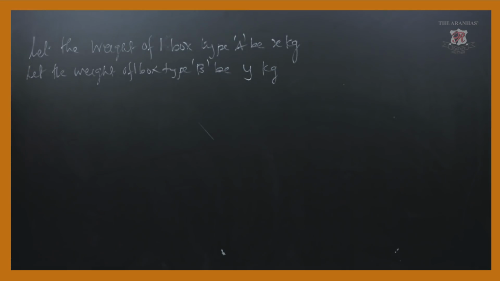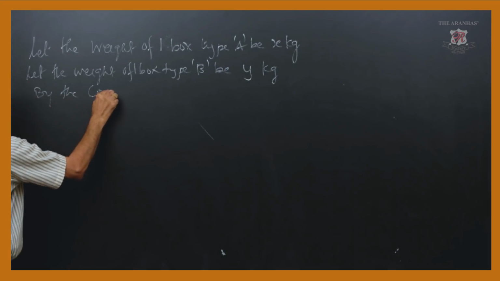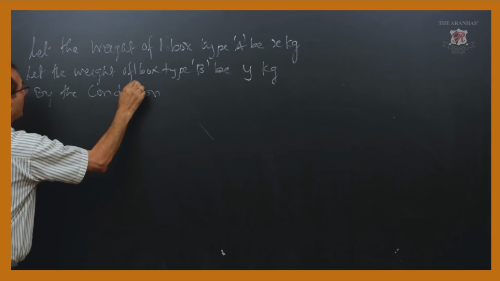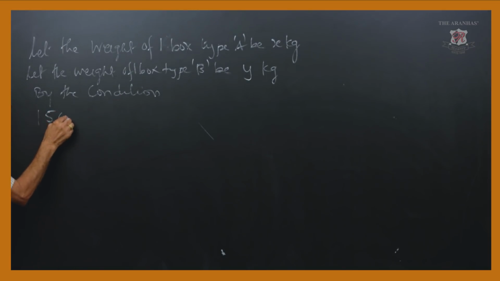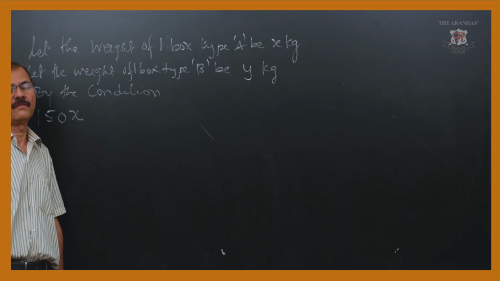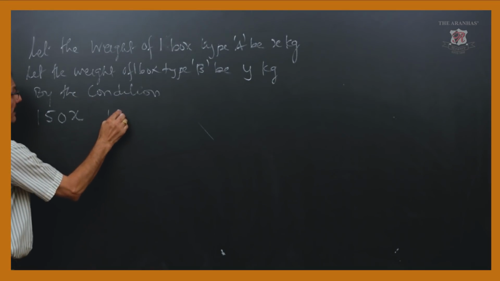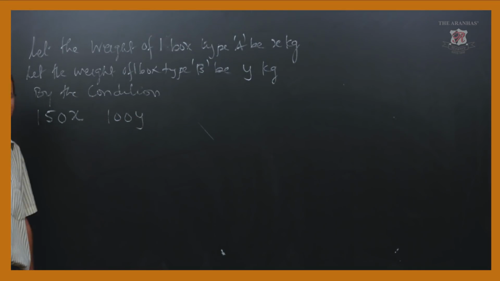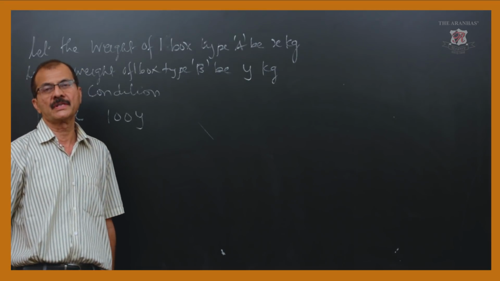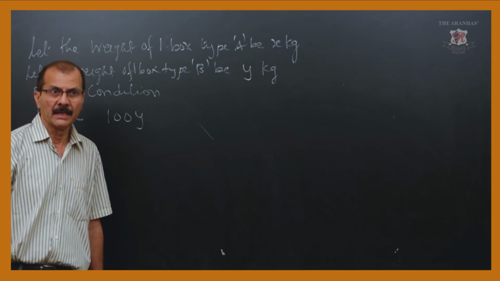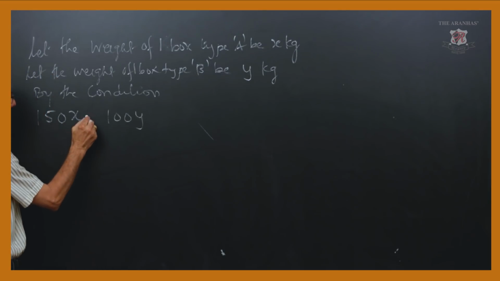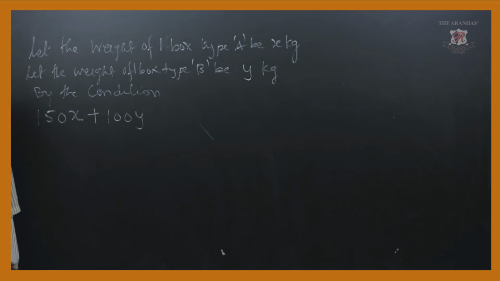So as it is said that 150 boxes of type A are loaded, by the condition, 150 x will be the total weight of 150 boxes of type A and 100 y will be the total weight of 100 boxes of type B. The total weight means the sum of these two.